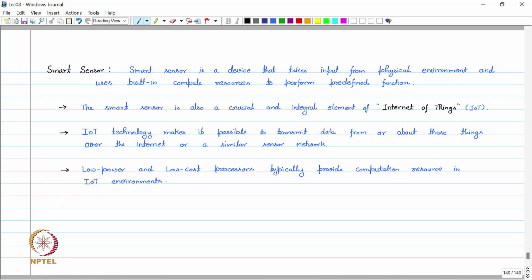And a sensor that just sends its data for remote processing is not considered a smart sensor.